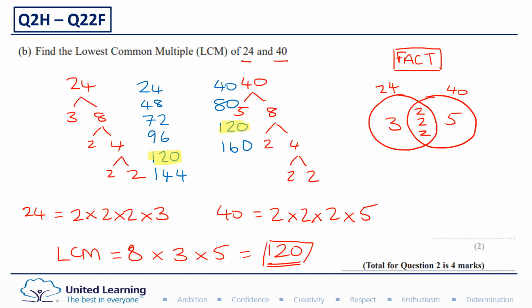Obviously, if the numbers are a bit bigger than that, it doesn't give us a clear strategy to be able to access that question, which is why I've done it using prime factor form to get us there, as is most common on the mark schemes.